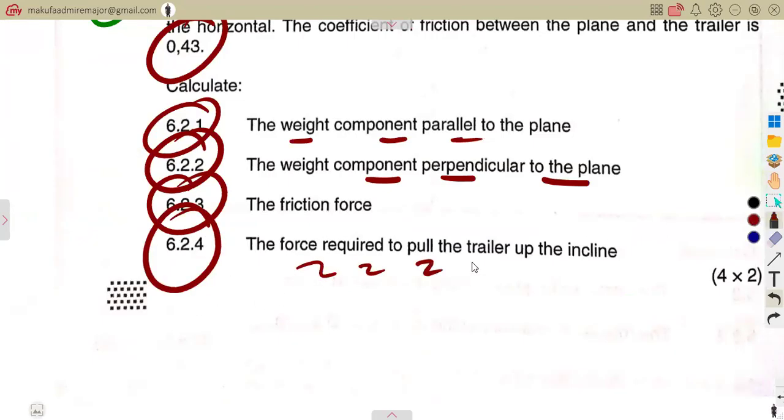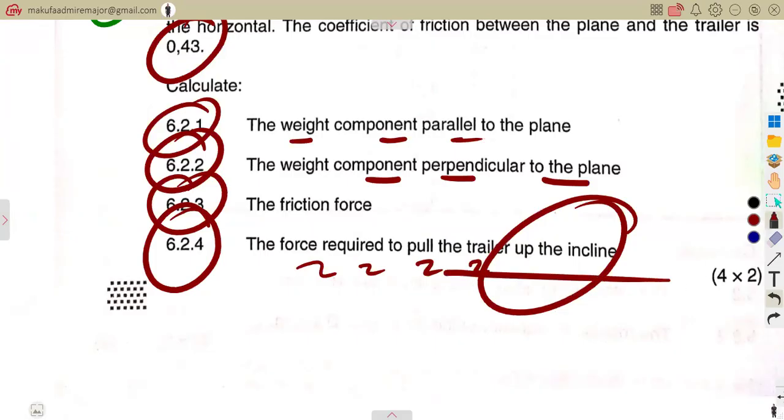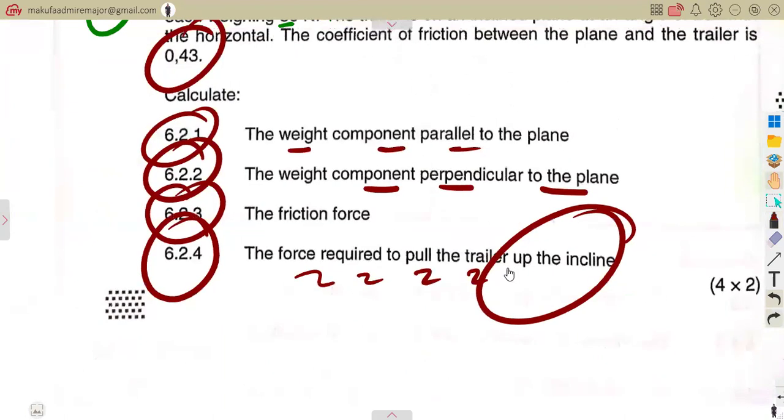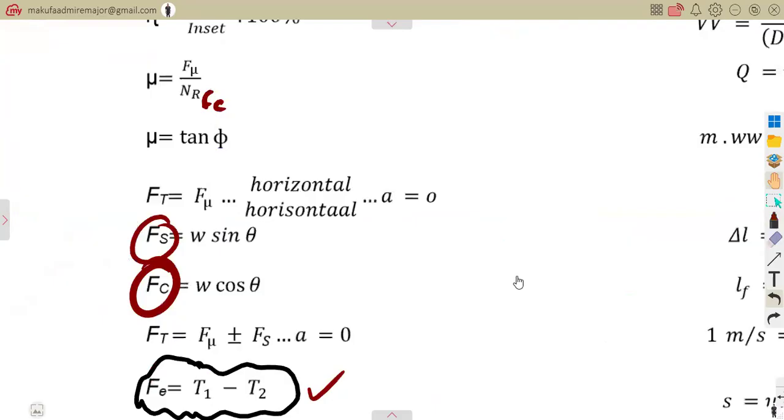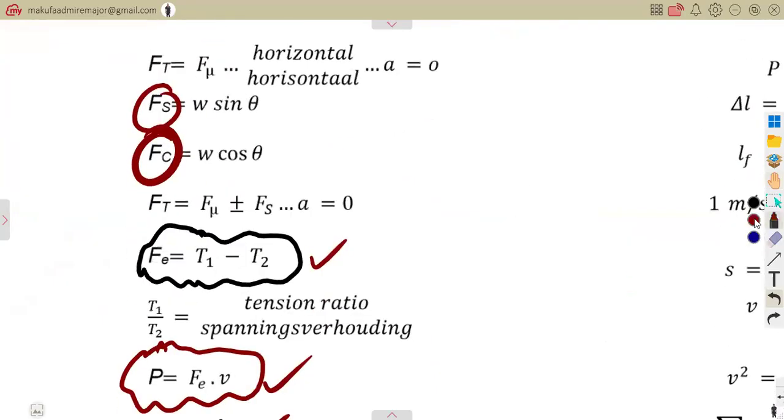6.24, the force required to pull the trailer up the incline. Up. So as it is going up, we're going to add. So this is the sum. On your formula sheet, you must be careful which one is going up, which one is going down.